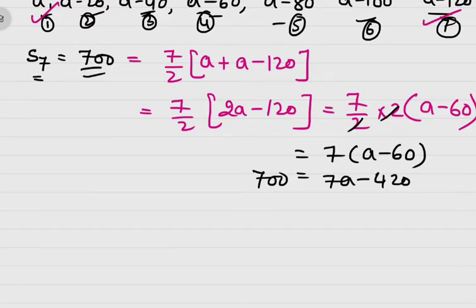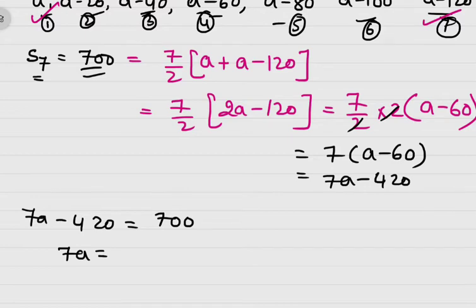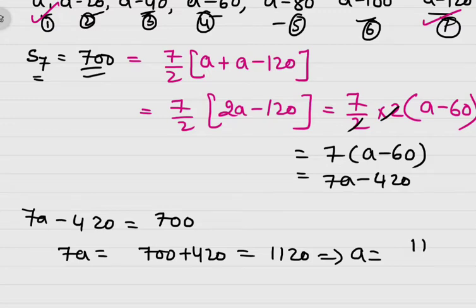So let us say that 7A minus 420 is equal to 700. So 7A will be equal to 700 plus 420, so that will become 1120. So this says that A is equal to 1120 divided by 7.